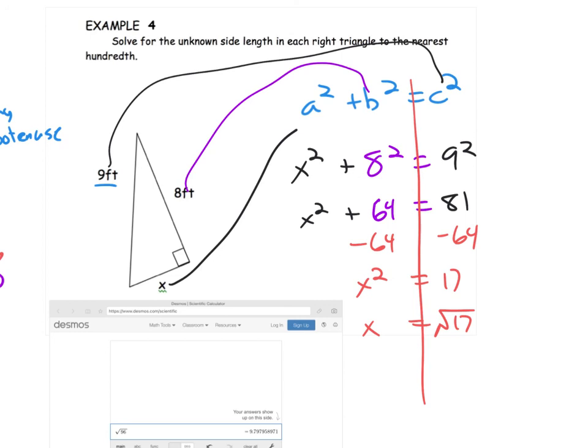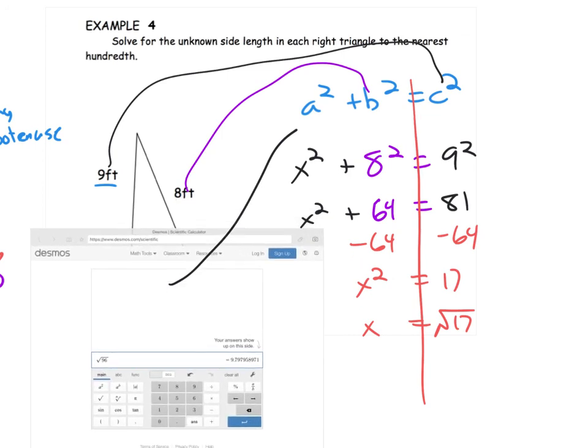Okay, fun, that disappeared for a second, but I got it back. I just need to find out what the square root of 17 is. So I'm just going to do the square root of 17, and I'll get the number 4.12. So the square root of 17 will be equal to 4.12, rounded to the nearest hundredth.